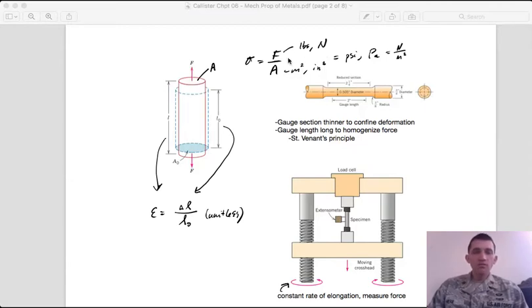So we're applying some force, and a real object is going to withstand a load. And the thicker the cross section, the heavier the part, the more load you'd expect it to be able to withstand.